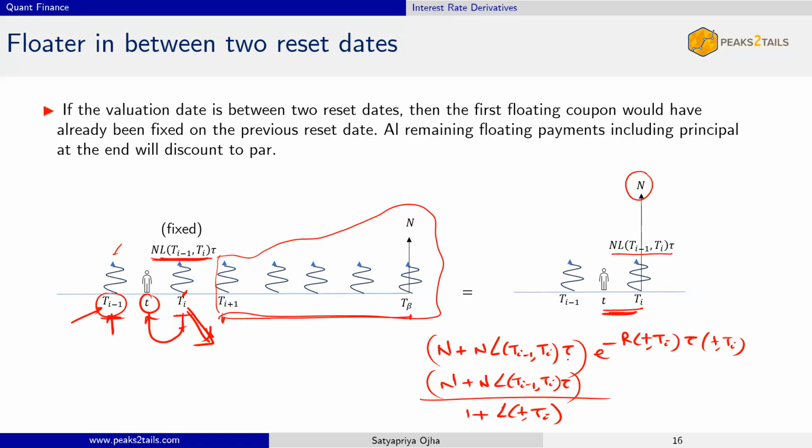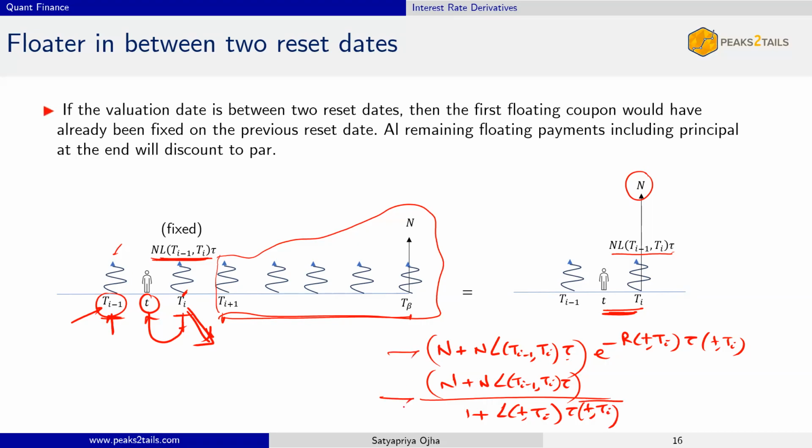So this tau, remember tau is between all the different Ti minus 1 to Ti. So this is kind of fixed. But here it will be the year fraction between t and Ti. That's the discounting factor.